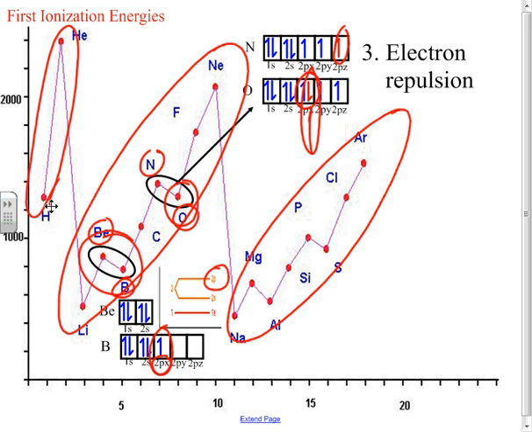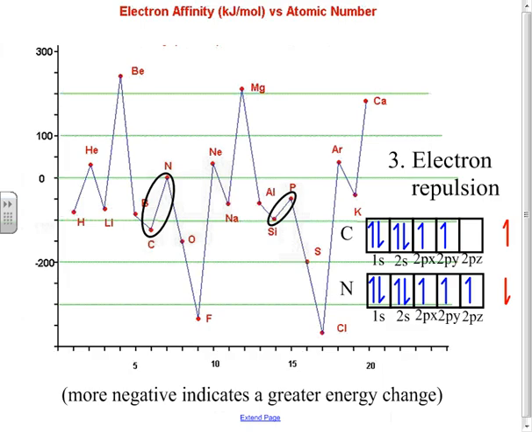So there are some exceptions, which typically are due to electron repulsion. In the case of beryllium and boron, it's just that boron's outermost electron is further from the nucleus of the atom.